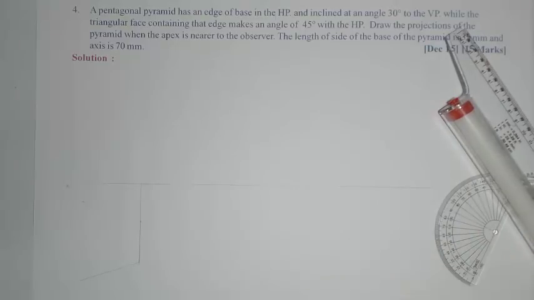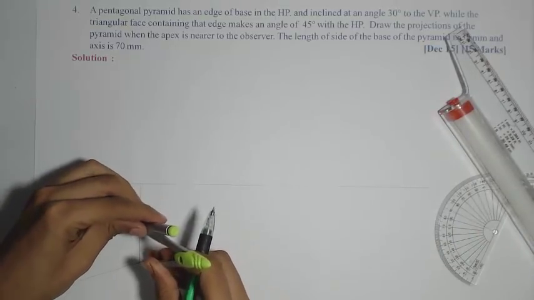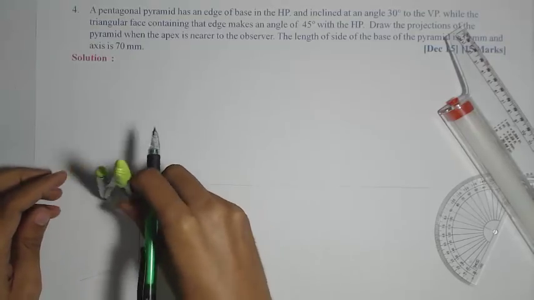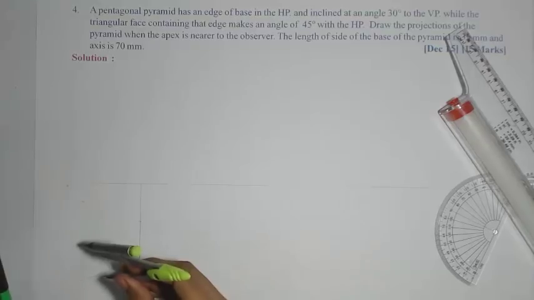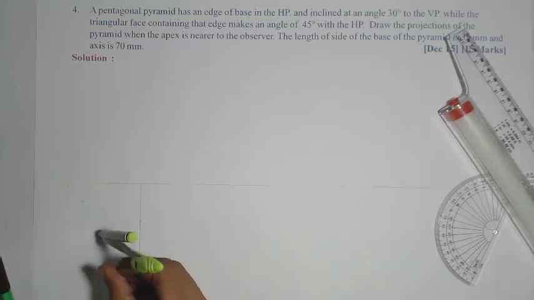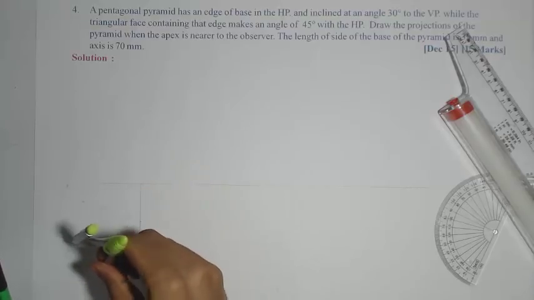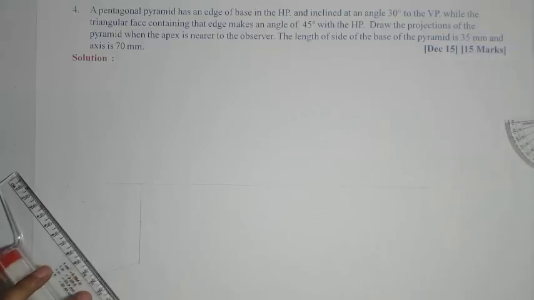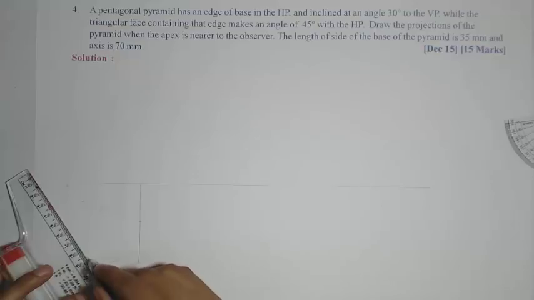Now, we'll complete the pentagon with base edge of 35 mm. Now we have to just cut the arcs to complete the remaining sides. Okay. So first stage is again similar to the previous two problems.